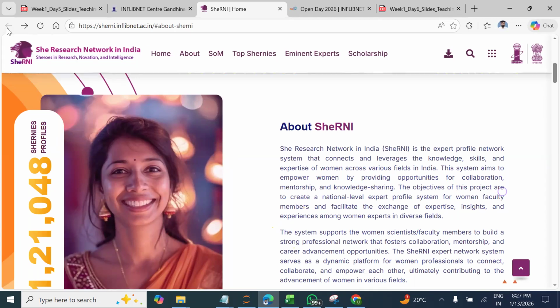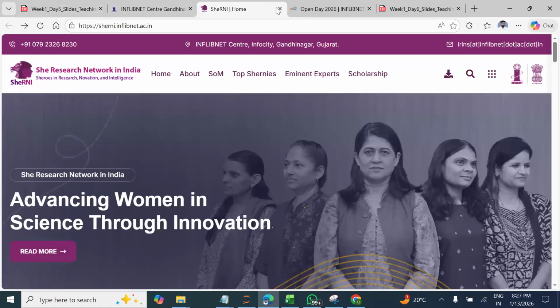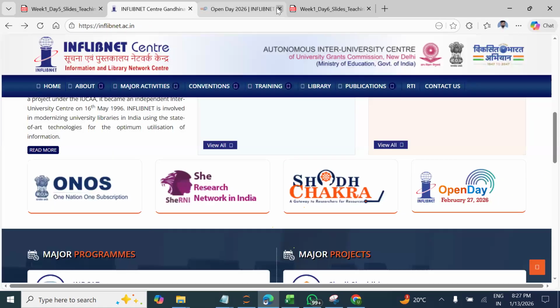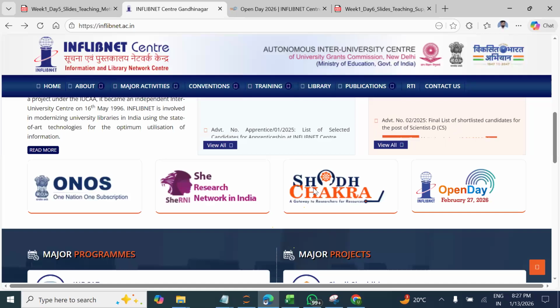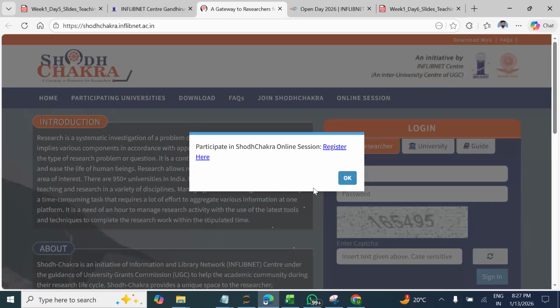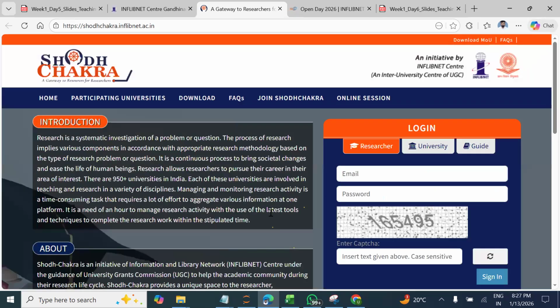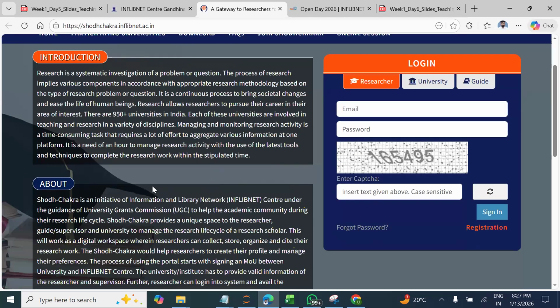Next initiative, let's see what it is. Shodh Chakra. What is Shodh Chakra? It is a gateway to resources for researchers. It says it is a continuous process to bring societal changes.